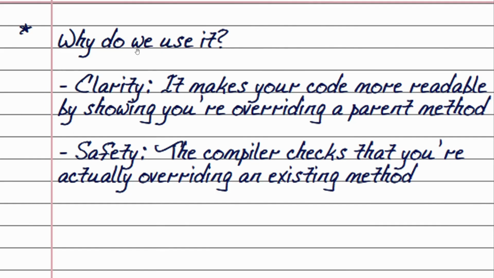Let's see why we use the override annotation. So first is clarity, that is, it makes your code more readable by showing you are overriding a parent method. If you use the override annotation, you have a clear idea that the same method is already present in the parent class.